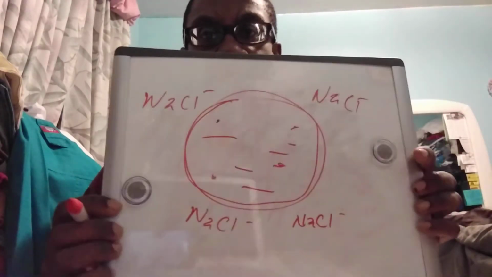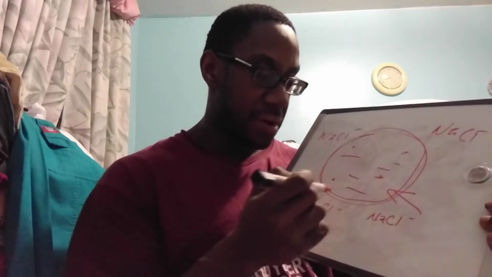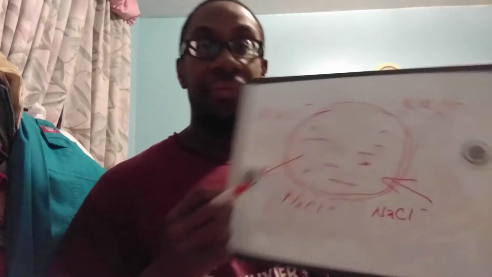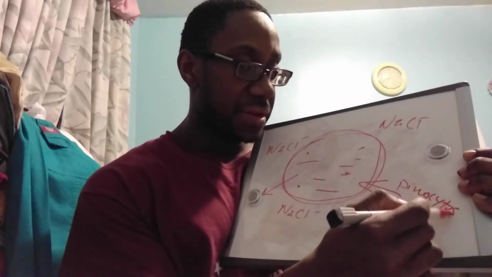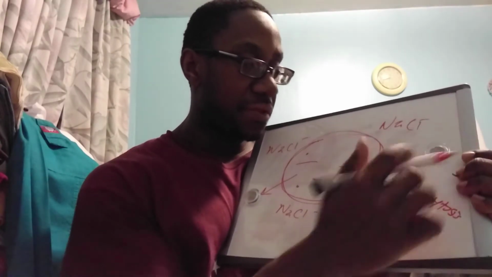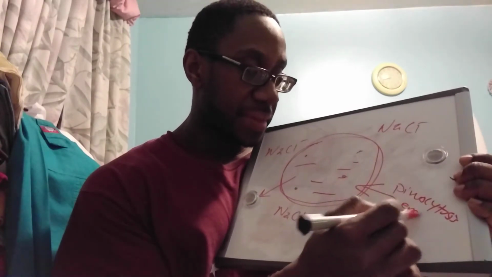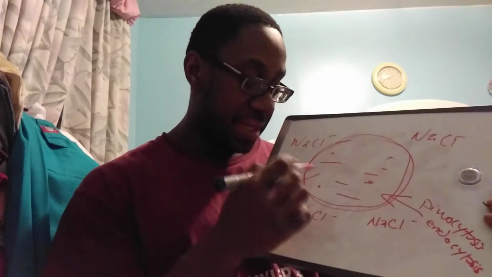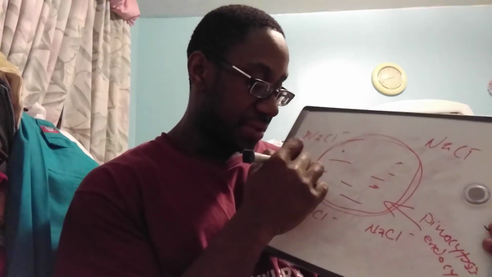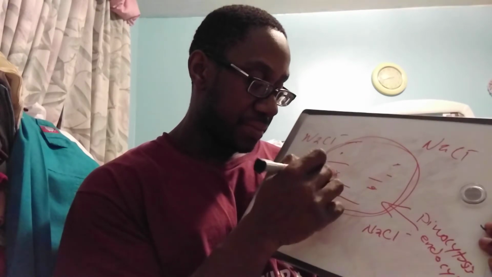You see the cell outside. The cell will either take it in or excrete it out. The taking in is pinocytosis or cell drinking, which is a form of endocytosis. The taking out is a form of exocytosis or expulsion.